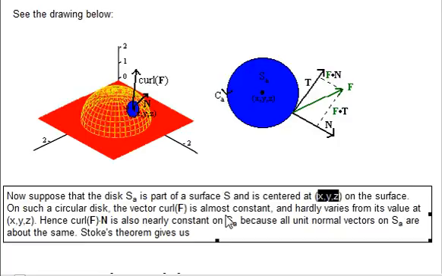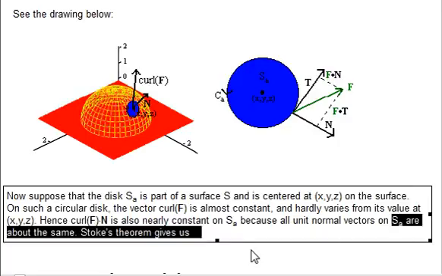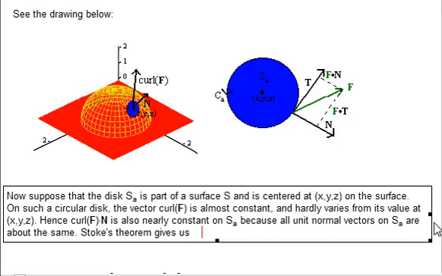On such a circular disk, the vector curl of F is almost constant and hardly varies from its value at XYZ. Hence, curl of F dot n is also nearly constant on that piece of surface S sub A, because all unit normal vectors there are about the same.